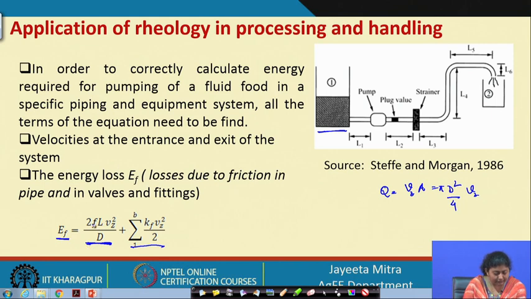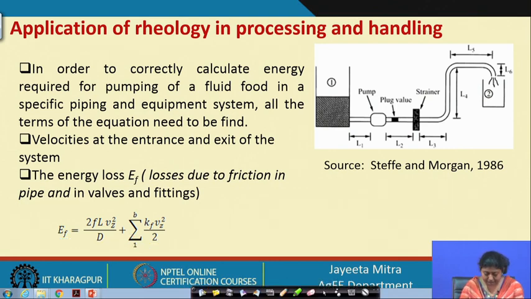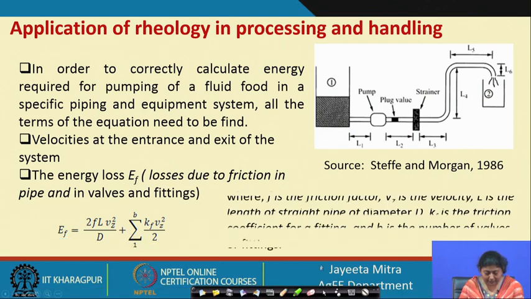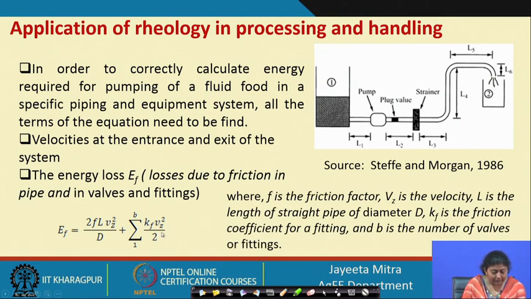So, we get this equation for the loss due to friction in the pipe, 2f L V square by d, and for the fittings, we will add up all of them, as the number of fittings will be there, and mostly for the fittings the friction factor varies with the velocity head.